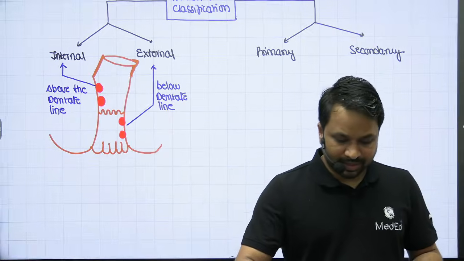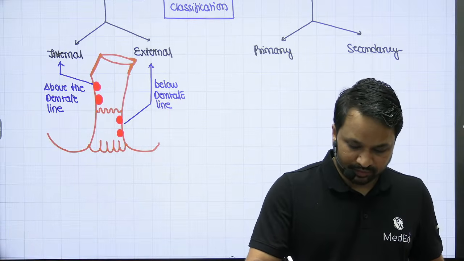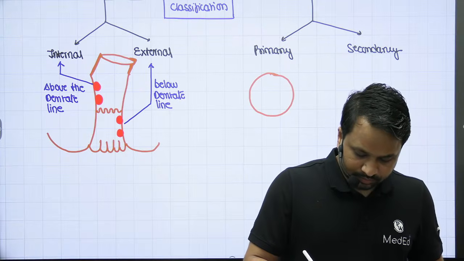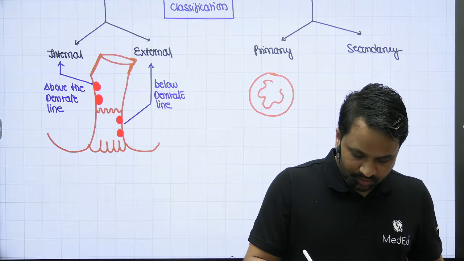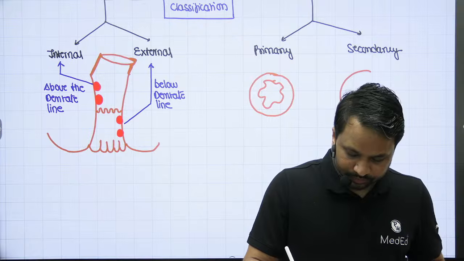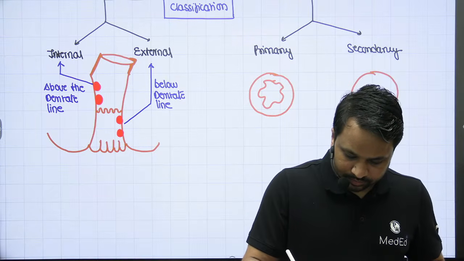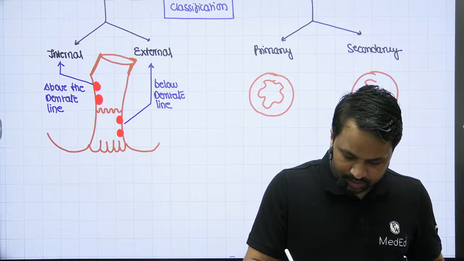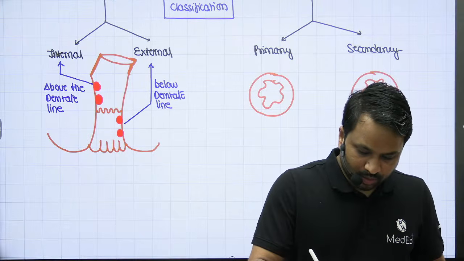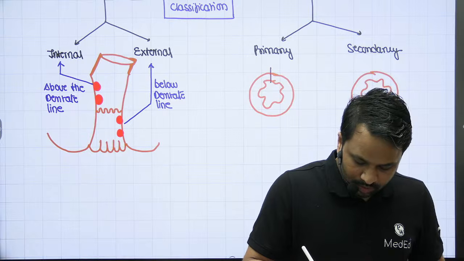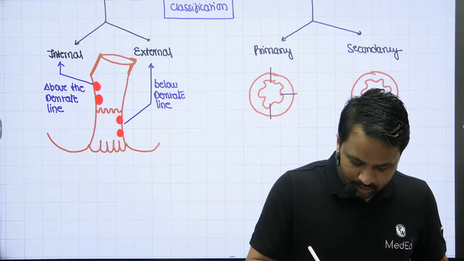Then comes the primary and secondary hemorrhoids, based upon their venous drainage. You take the cross section of the rectum. This is the rectal mucosa. Now when you point it as a clock, this is 12 o'clock, this is 6 o'clock, this is 3 o'clock, this is 9 o'clock.